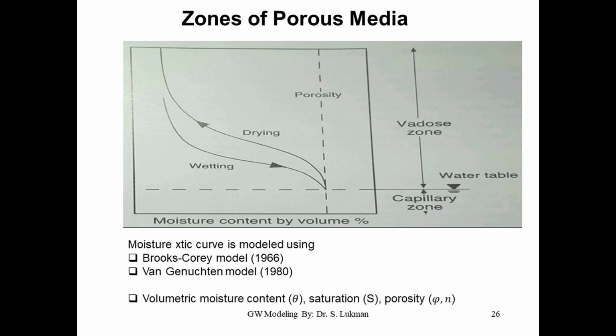Very close to 0, 0 to 0.5, 0 to 0.979. Can it be up to 1? So for unconfined, it should be less than 1. And for confined? It is 1, because all the voids are filled with water. Isn't it? Do you understand?